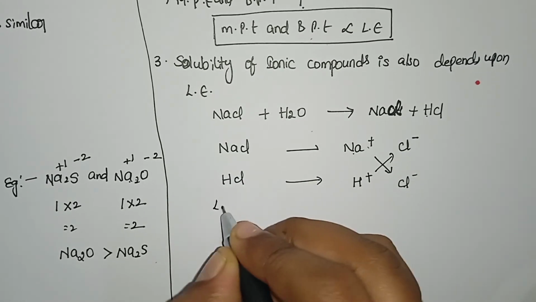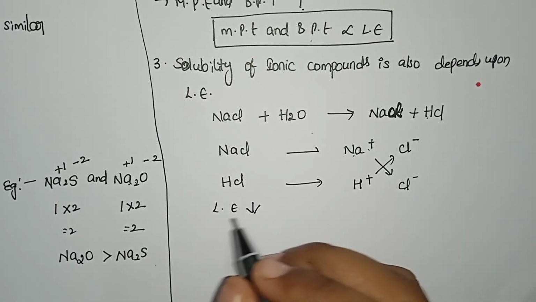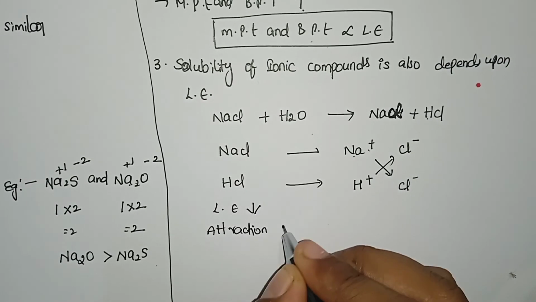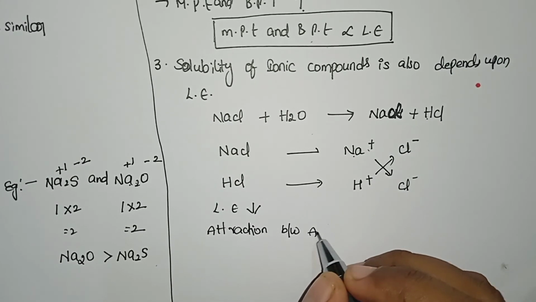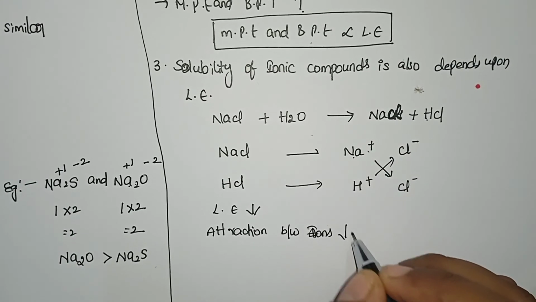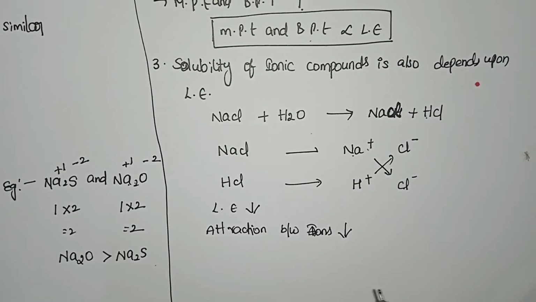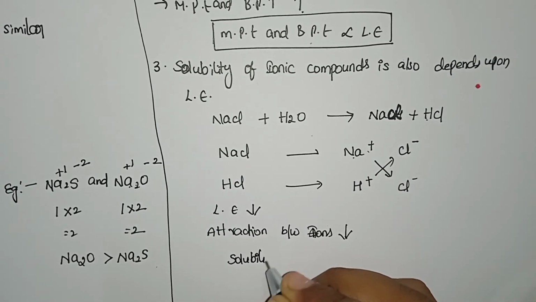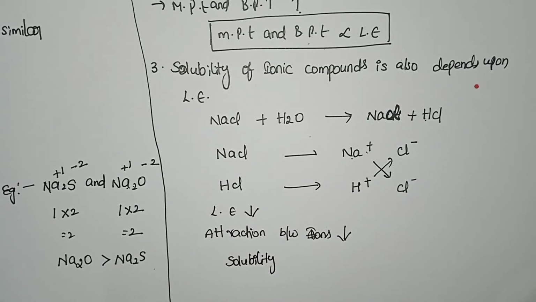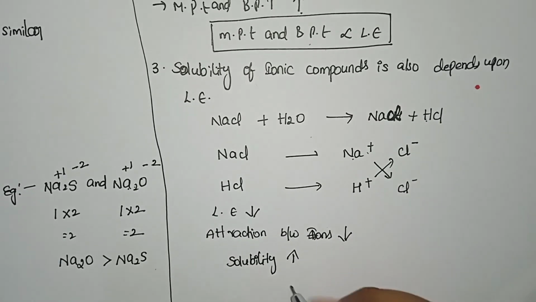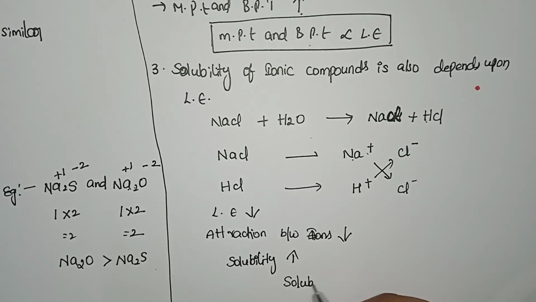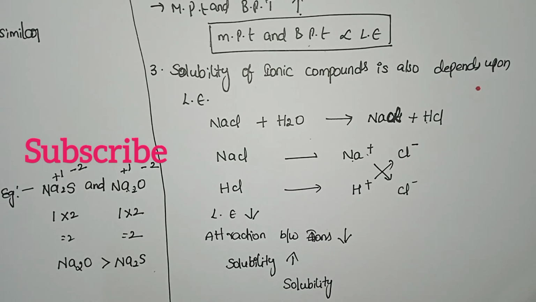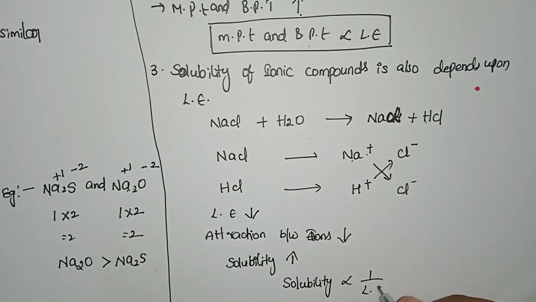So lattice energy decreases, attraction between ions decreases, ions form easily, solubility increases. The equation: solubility is proportional to 1 by lattice energy.